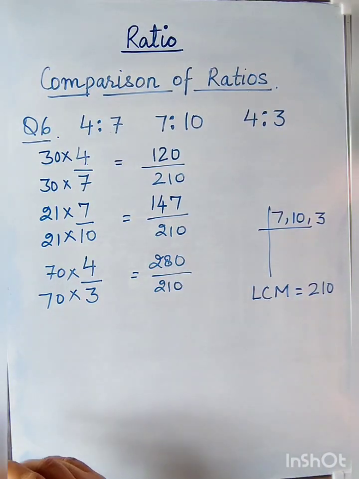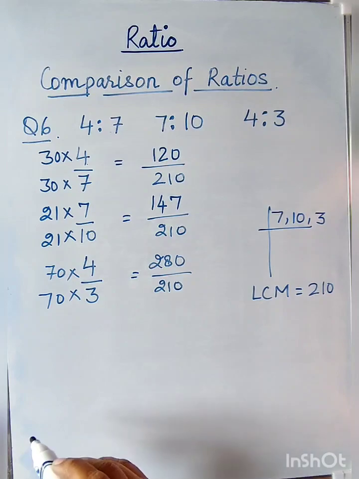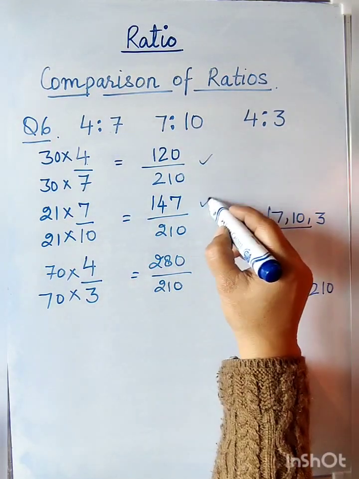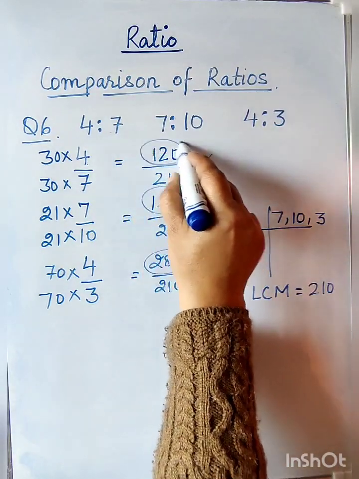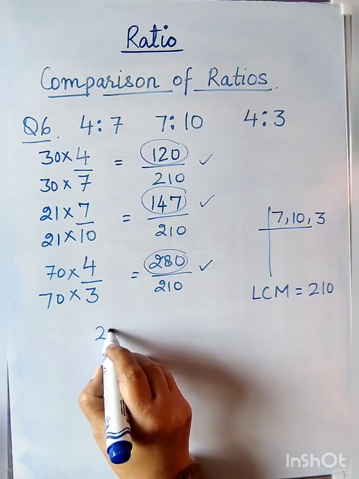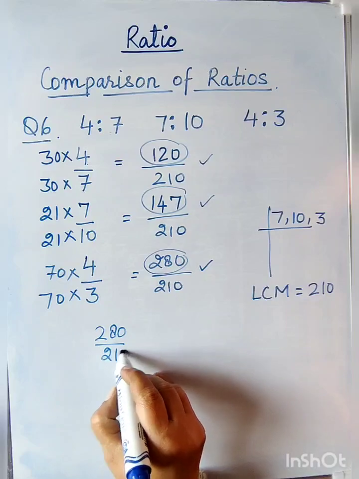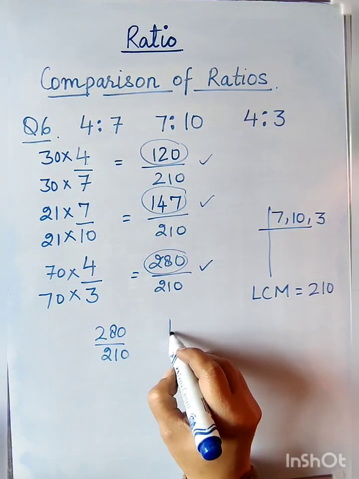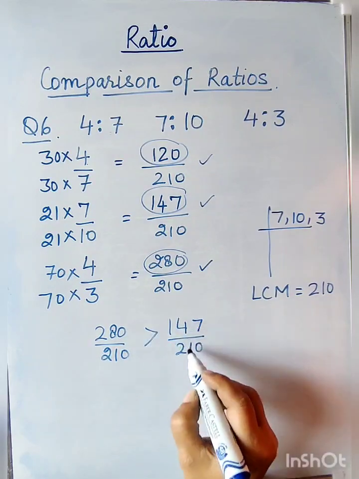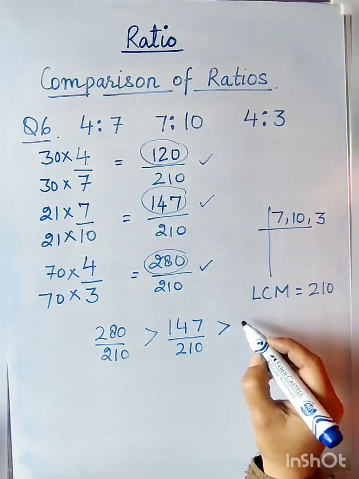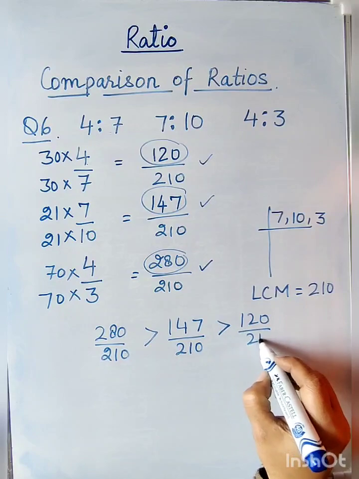Now suppose I have to write this in descending order. Now these are all like fractions, so we will just compare the numerators. The biggest number is 280 by 210, then 147 by 210, which is greater than 120 by 210.